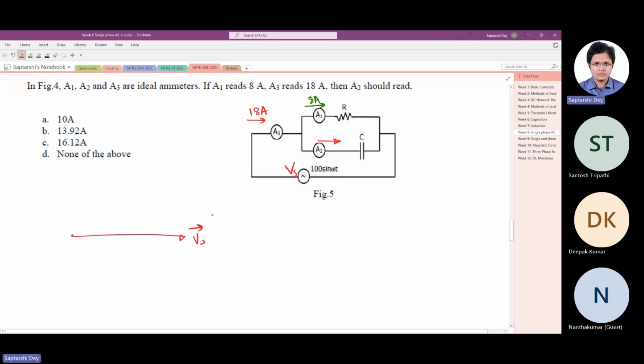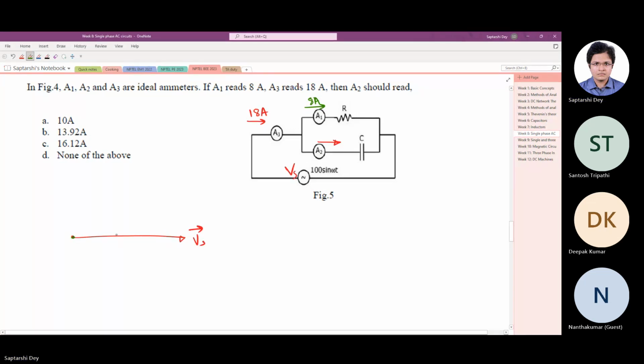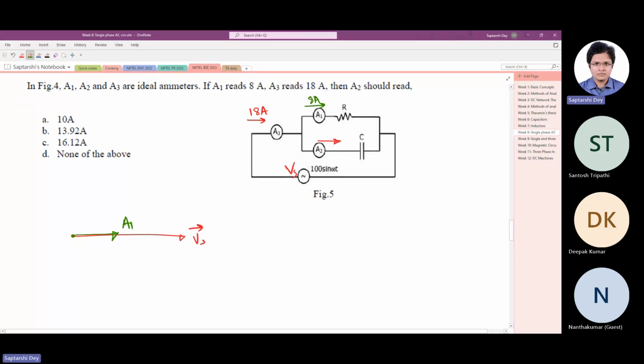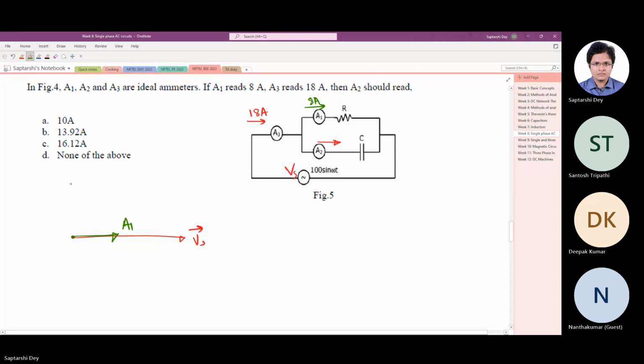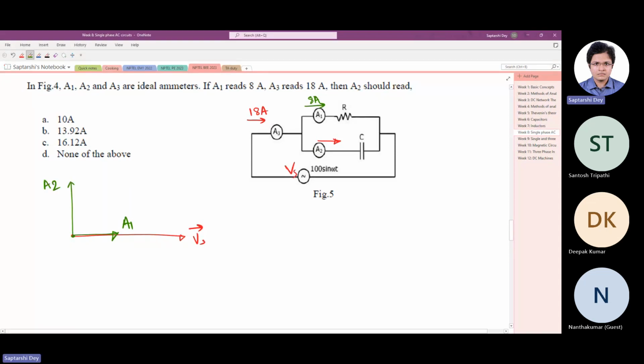Now there are two currents, A1 and A2. A1, it's a resistive load, so definitely A1 is parallel to Vs, in phase with Vs, and A2, it's flowing through a capacitor, so it must be a leading current. So A2 must be here.